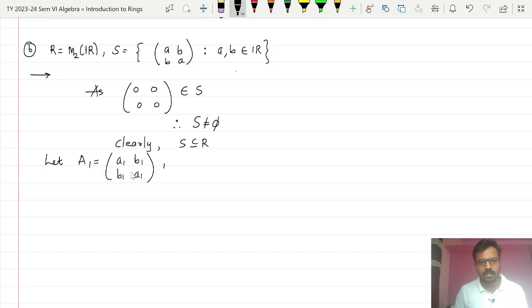Remember, the diagonal we have to take the same as well as the non-diagonal also the same, and A2, B2, B2 and A2 belong to S, be any elements.